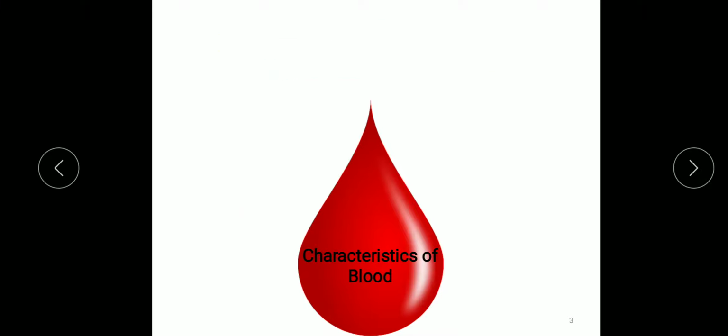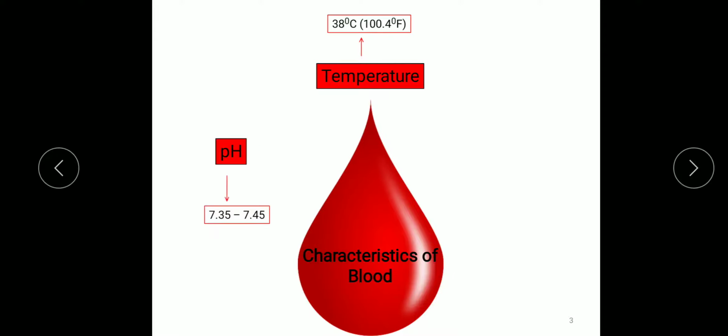Now, let us see the characteristics of blood. Blood is denser and more viscous than water and feels a little sticky.